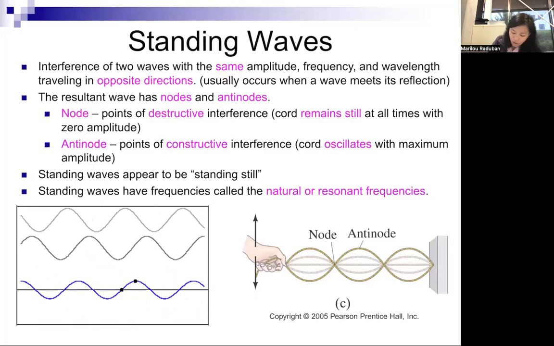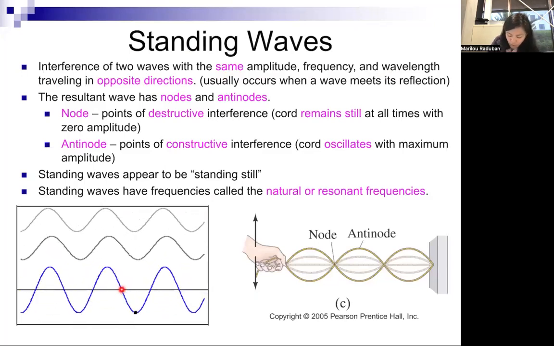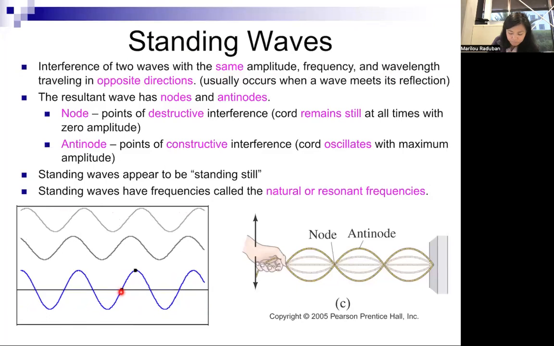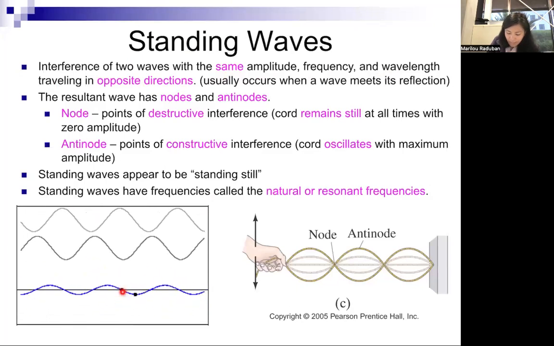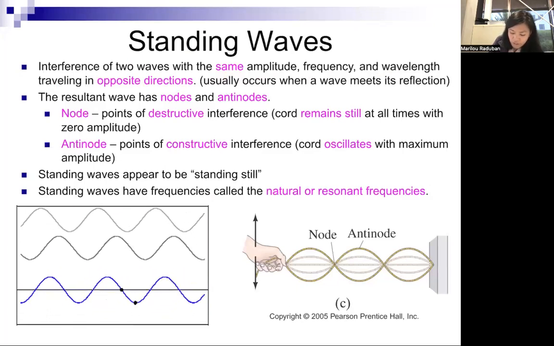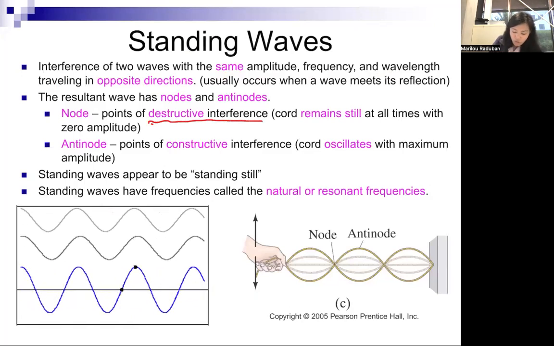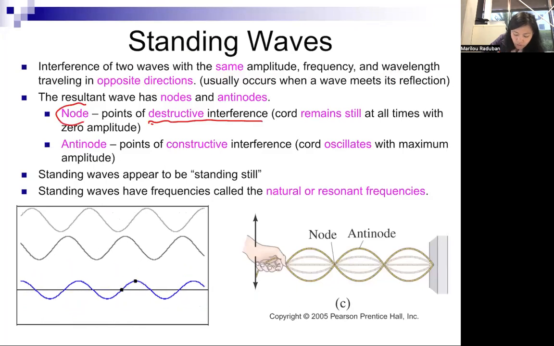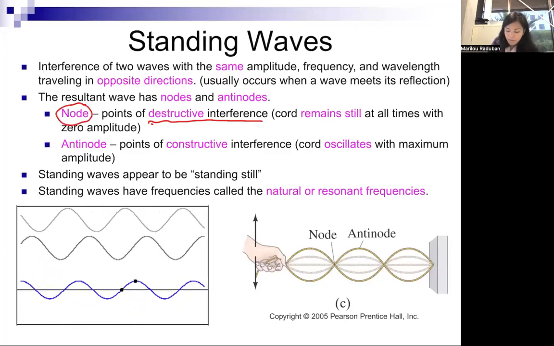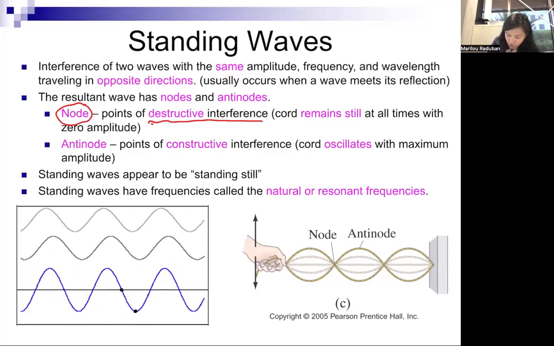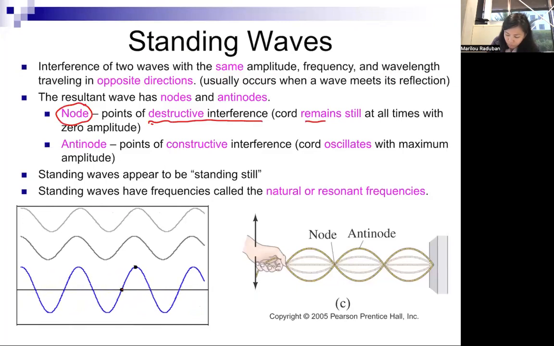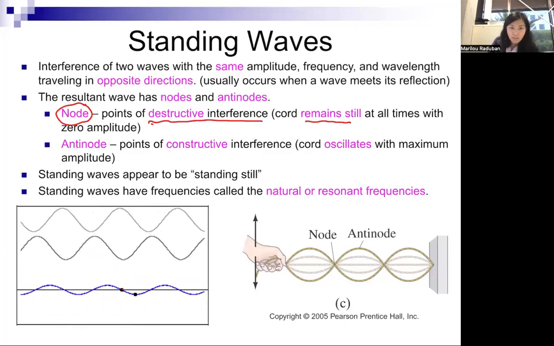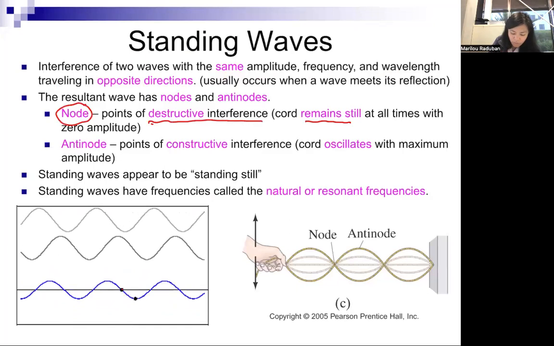Notice also that there are points in the standing wave where the amplitude is 0. This is a point of destructive interference. That point where the amplitude is 0 is called the node. And as you notice here, the node remains still at all times with 0 amplitude.